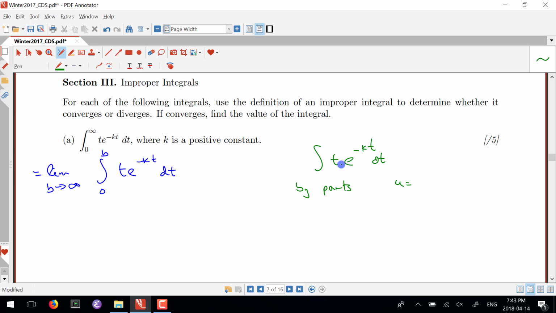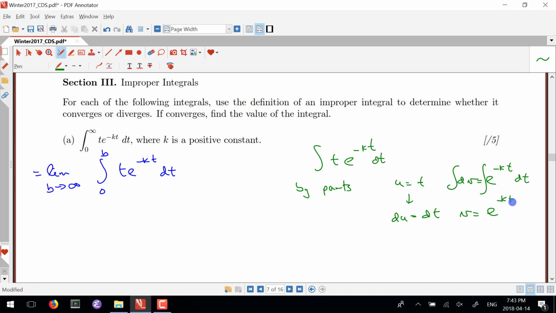And what we'd pick here is, based on your experience from the fall term, pick u equals t, and dv equals the exponential part, e to the minus kt dt, and we integrate the dv part, and we differentiate the u part. Differentiate, integrate, being careful with our integrals.